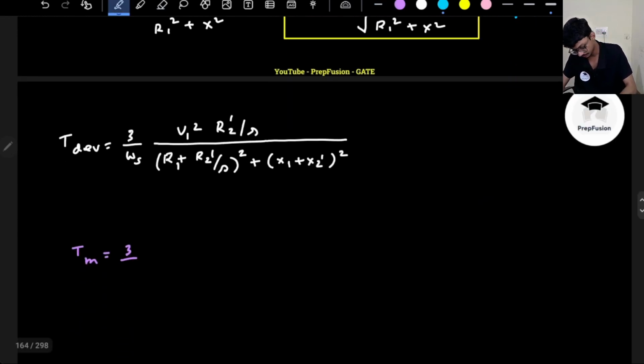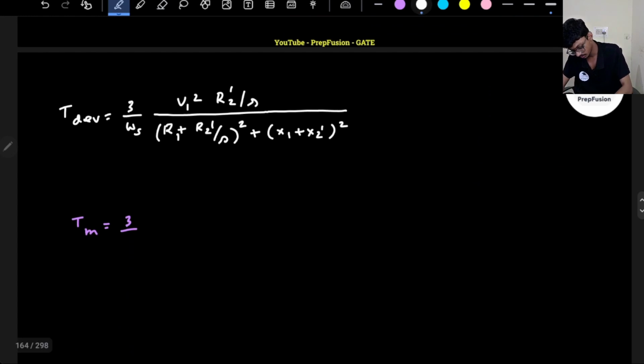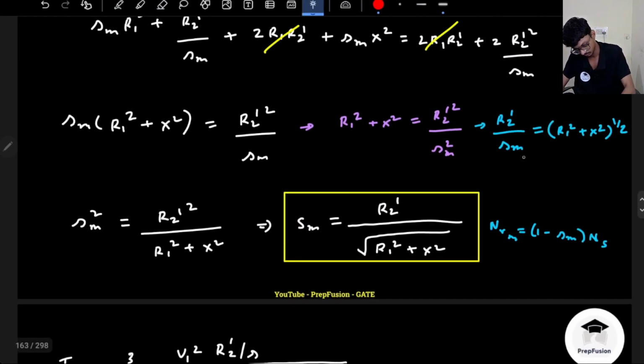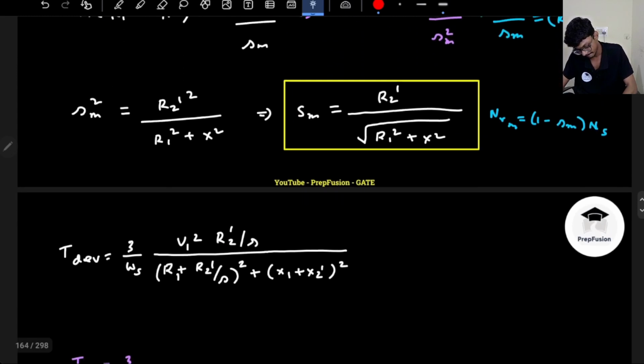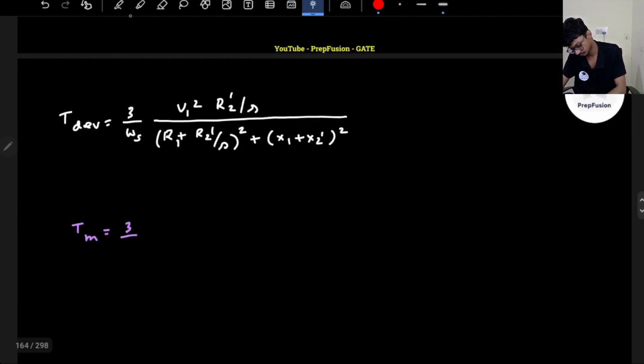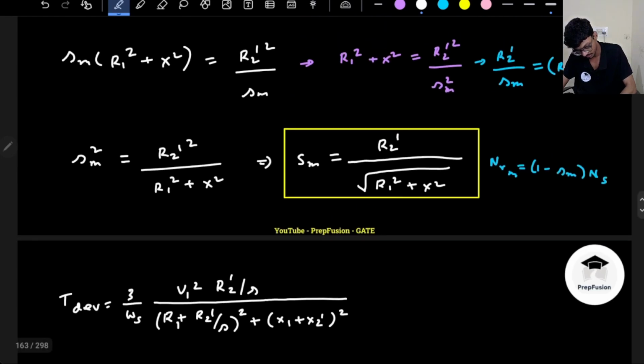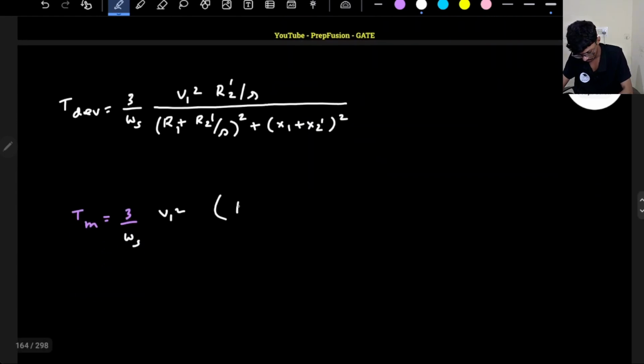Okay, so that is what I will do. I will replace this r2 dash divided by sm with this value. So this will be 3 by omega s, this will be v1 square, this will be replaced with this value, r1 whole square plus x whole square whole under root.